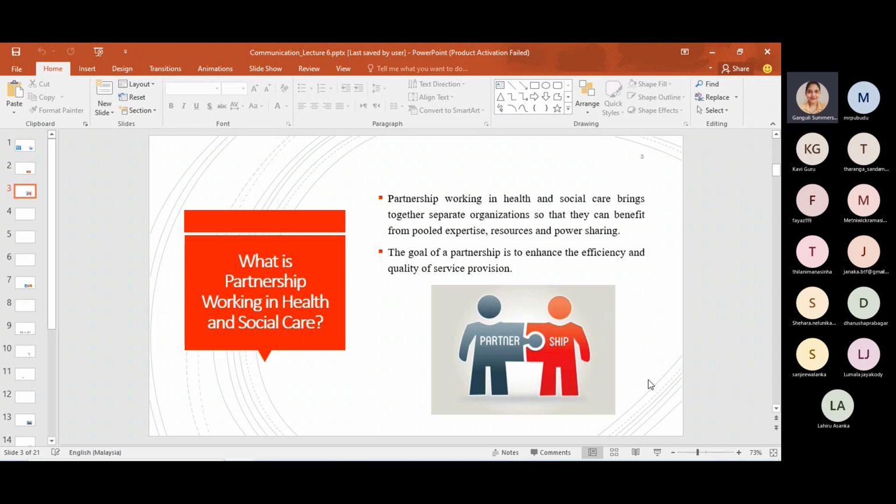For example, guys, take an organization that doesn't have many resources. Just assume that there is a certain health and social care related organization which has lots of expertise, but limited resources. How can they excel in the health and social care sector?